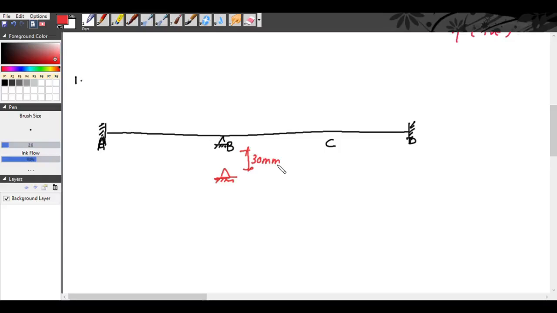The other things given are the span length AB is 3 meter. The span length BC is 2 meter. And the span length CD is also 2 meter.